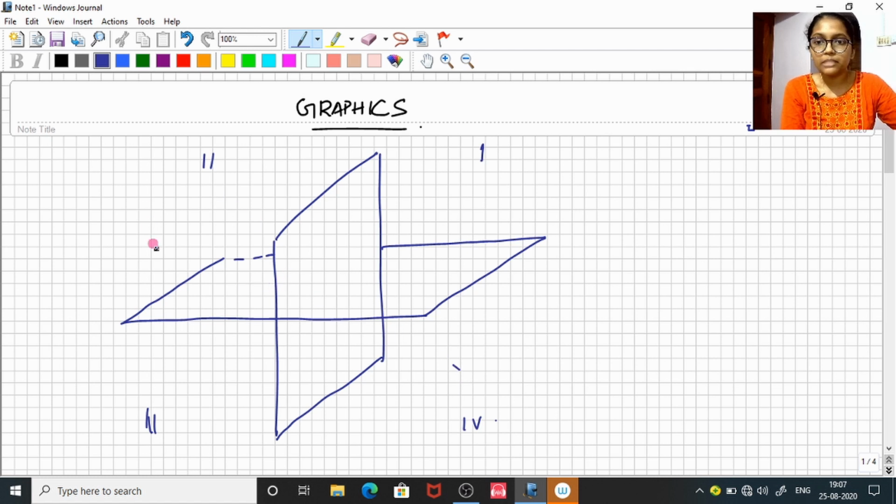We can name these planes as the horizontal plane HP and the vertical plane VP. And there will be an intersecting line. When 2 planes intersect, we get a line, isn't it? And we call it XY.